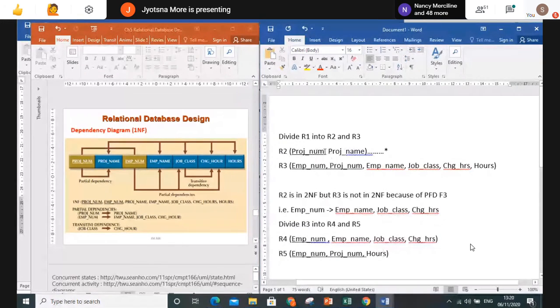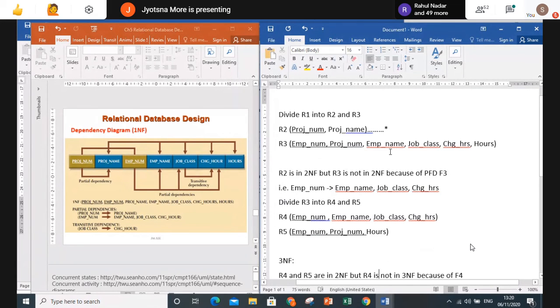We cannot break it further, meaning only one attribute in one table, then we will not get dependency. So this is a final answer, which is in 1NF, 2NF, 3NF, BCNF, everywhere. It is satisfying everything, so we will not touch it. We will keep it for the final answer.